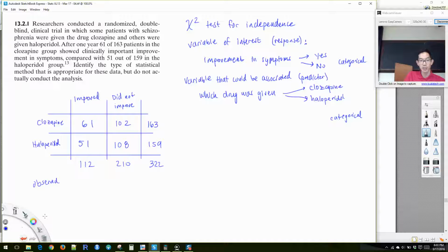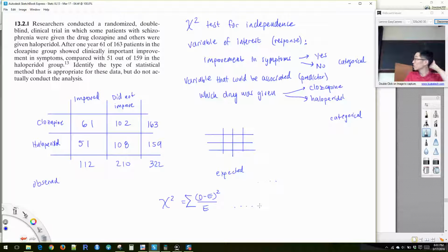And then you'd have to create your expected table, and then you could do a chi-squared test for independence, right? Chi-squared is observed minus expected, squared, over expected. And that's how we would do this statistical analysis here.